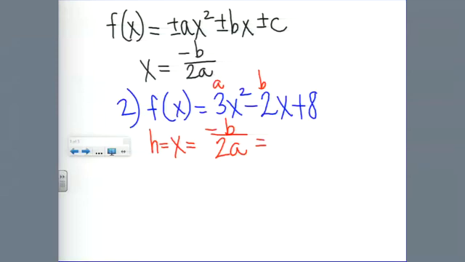Now in the formula, b is negative, and our b is also negative. So we got a double negative up top, and denominator 2 times 3. A double negative will change to a positive 2 all over 6, and that reduces to 1/3.